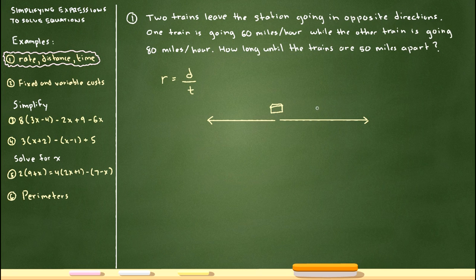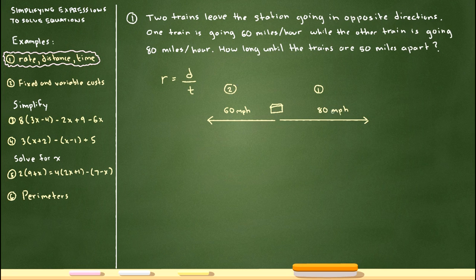We have one train going 80 miles per hour, 80 mph, and the other train going 60 miles per hour. So this is a good start. The question is asking how long until the trains are going to be 50 miles apart. Let me call the one that's going 80 miles per hour train 1, and the one that's going 60 miles per hour train 2.